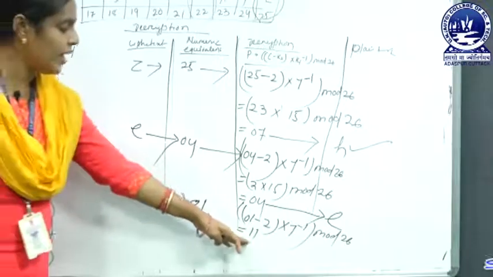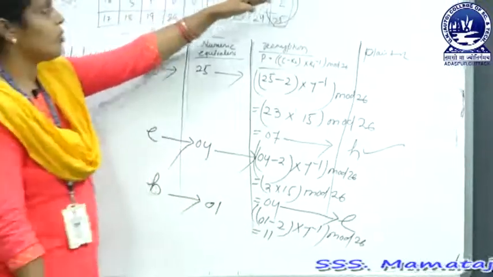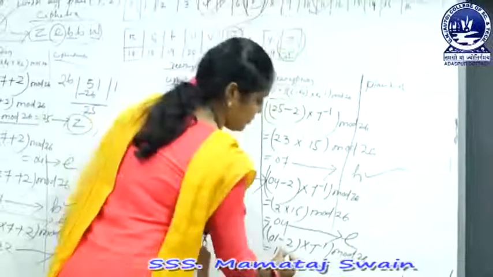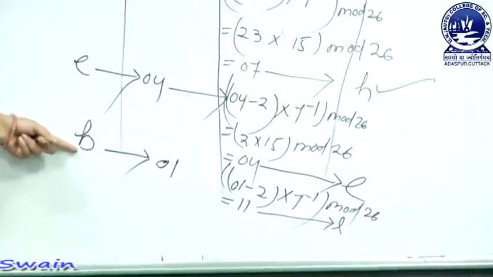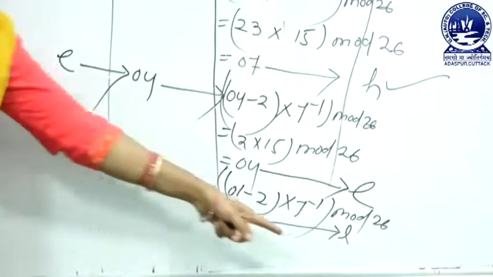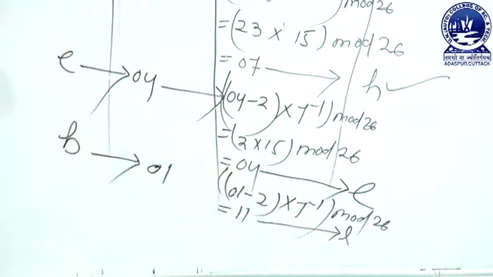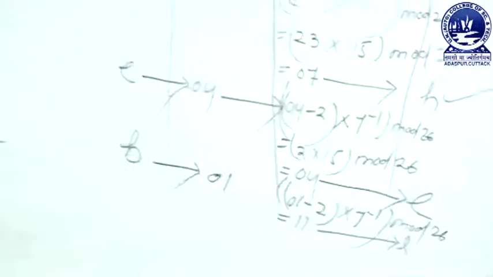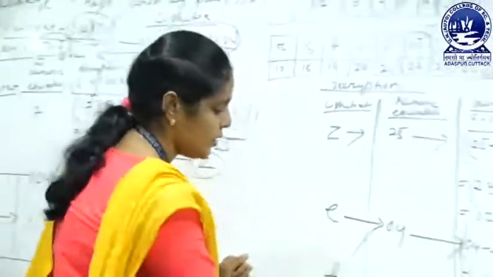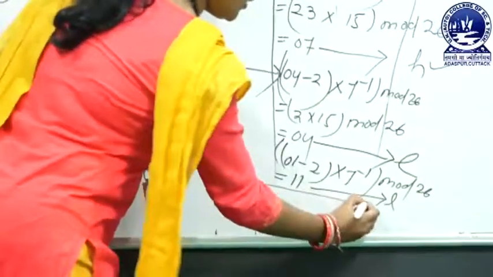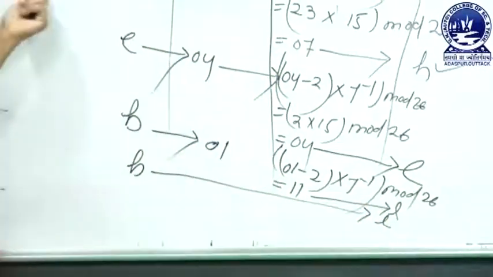Here for 11 the alphabetic equivalent is L. That means for our ciphertext B the plain text is L. Here again our next alphabet of our ciphertext is B. That means for B the plain text is also L.